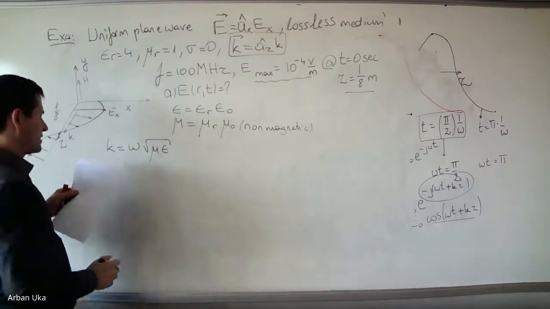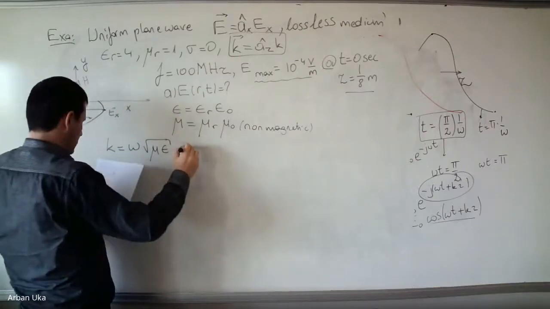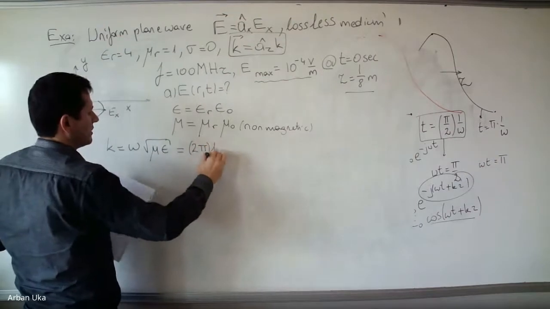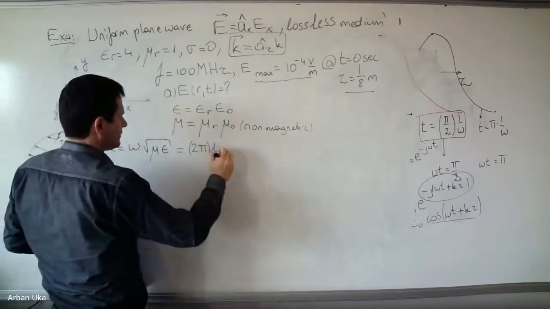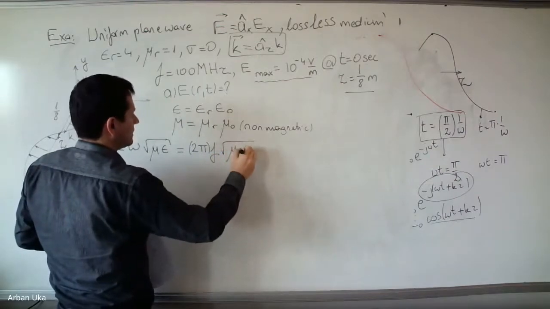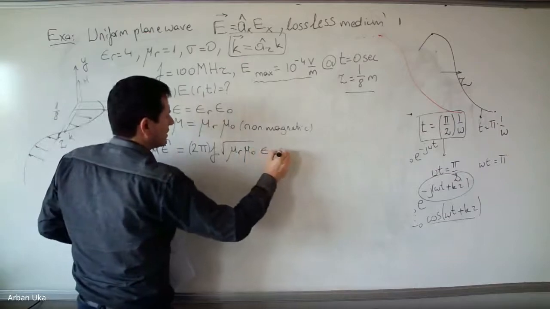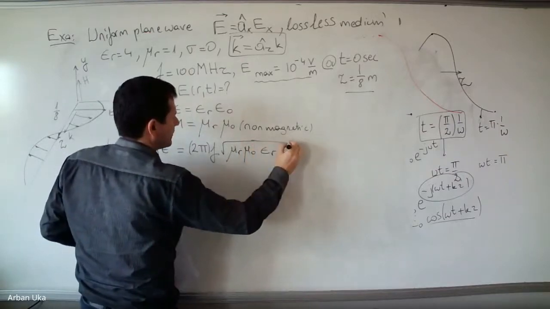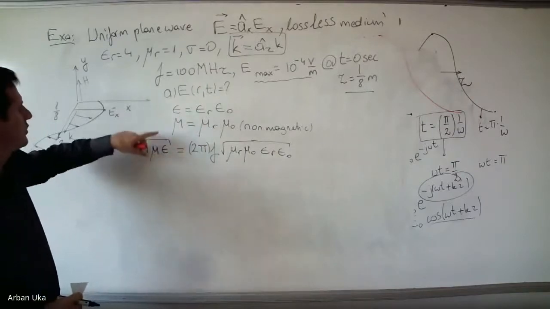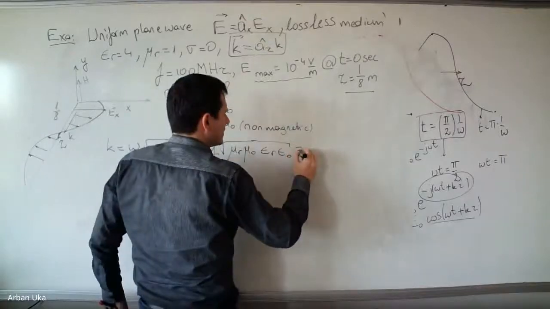This is equal to 2 pi f times the square root of mu r times mu 0 times epsilon r times epsilon 0. We just rewrite this one because we have these relationships here.